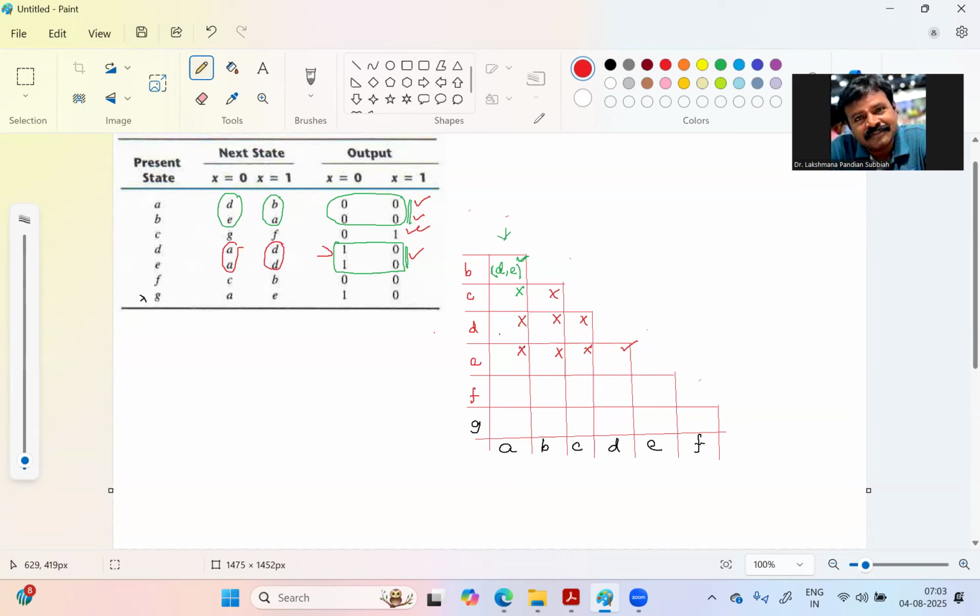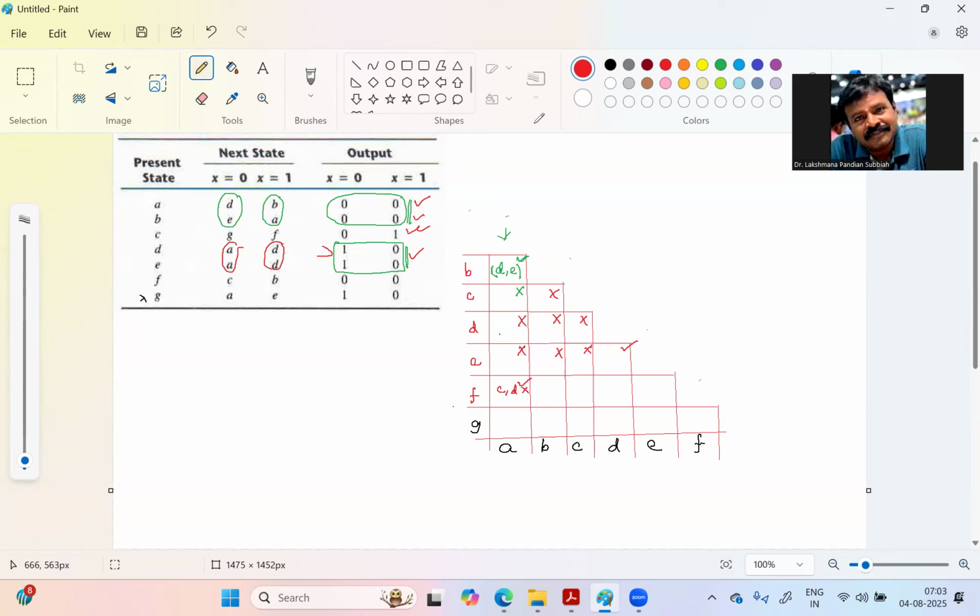Next, you have to go for AF. A and F have the same output. Then through that, we have CD. CD cannot be paired because C and D have different outputs. So this cannot make a pair.